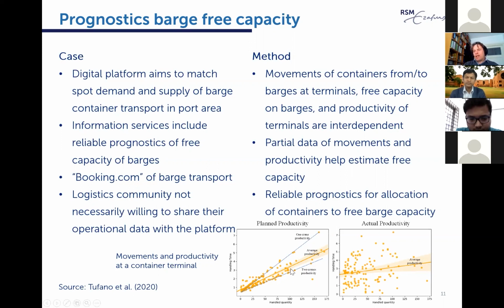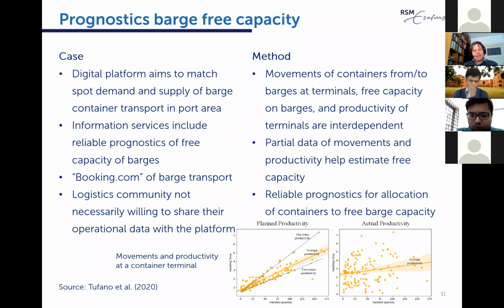So at this left-hand picture, which was actually the planning data that we had, you can see that it doesn't make much sense to draw one line through these points, because that would be like trying to fit a cloud of data with a single linear relationship. But actually what we said, well, you can see if you draw two lines, then the fit is much better. And that actually represents whether you work with one crane or with two cranes.